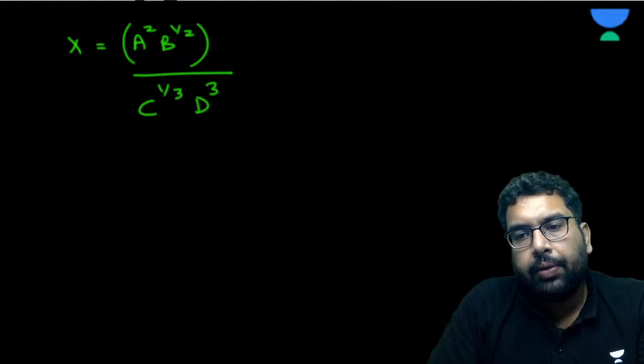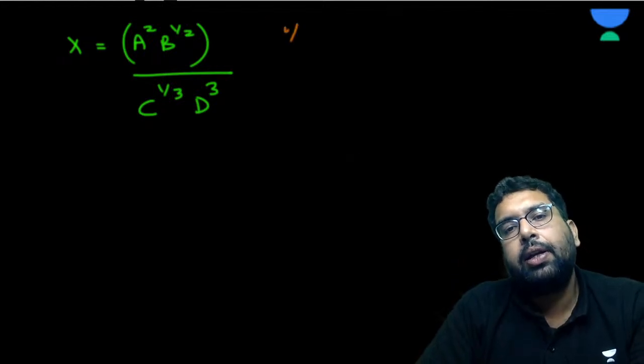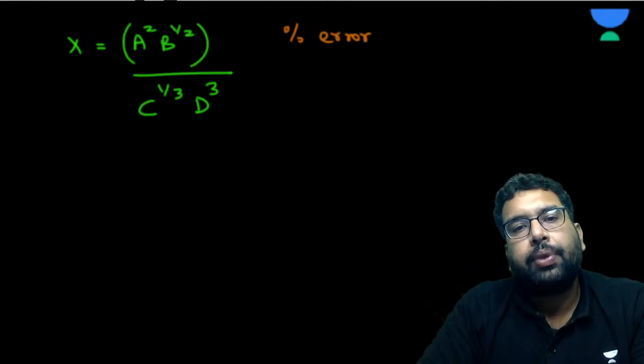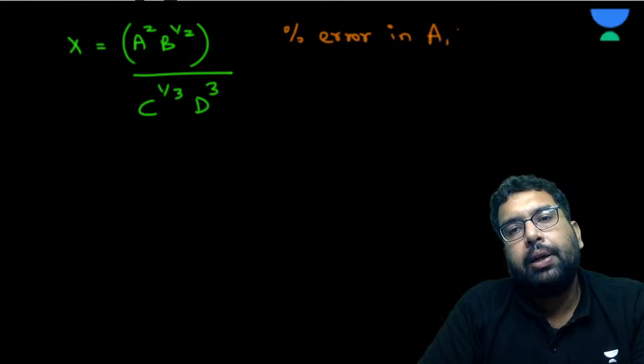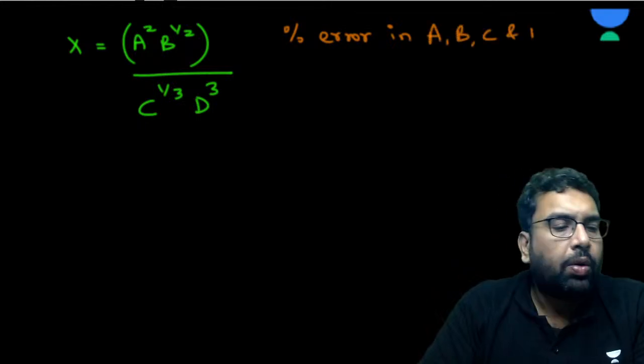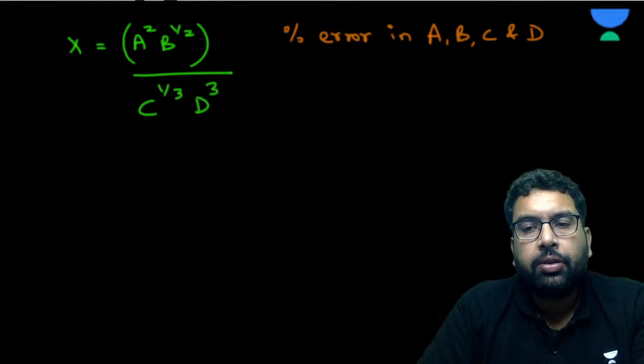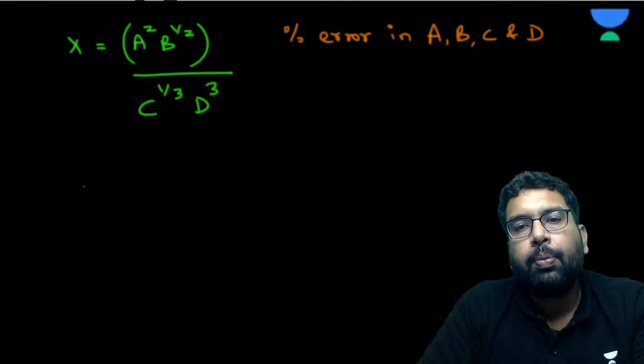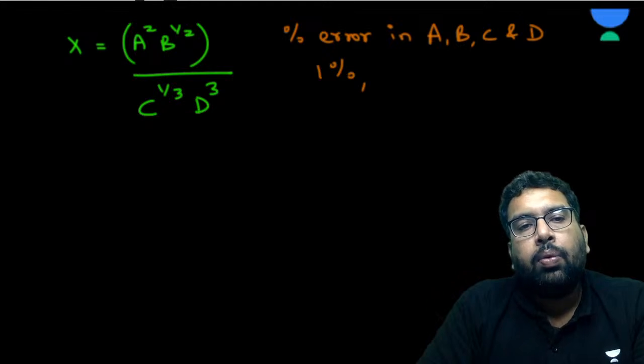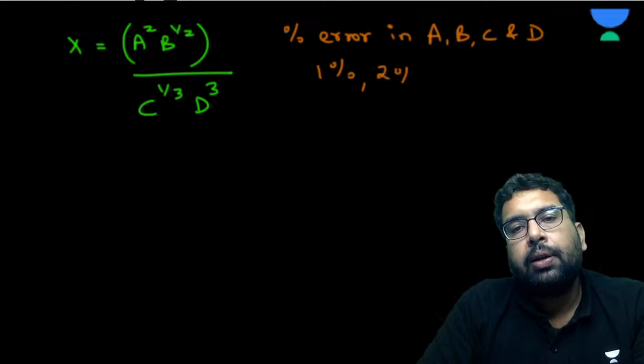Now it is given that the percentage error in A, B, C and D, and obviously the percentage error you are interested in giving is the maximum percentage error, is 1%, 2%, 3%, and 4%.